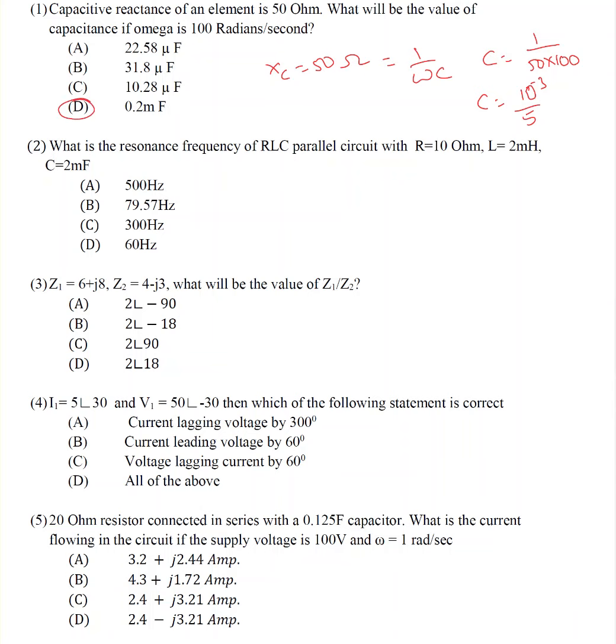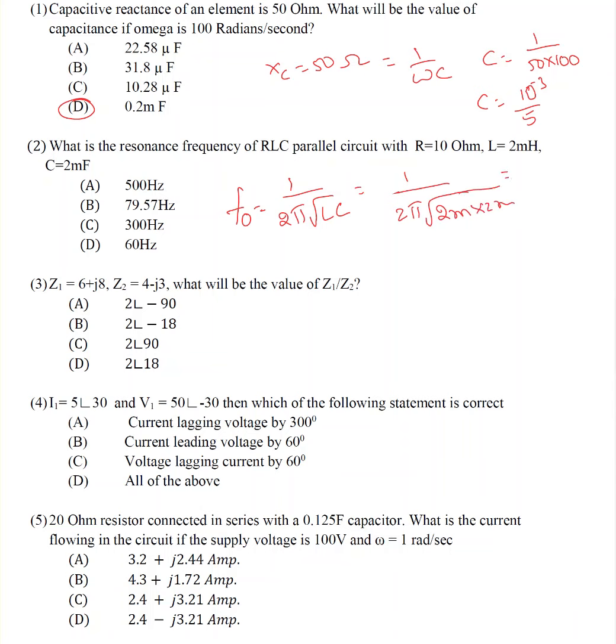Now what is the resonant frequency of RLC parallel circuit? So for RLC parallel circuit or series circuit, F0, that resonant frequency, is nothing but 1 over 2 pi square root of LC. So 1 over 2 pi square root of L is 2 milli and C is 2 milli.